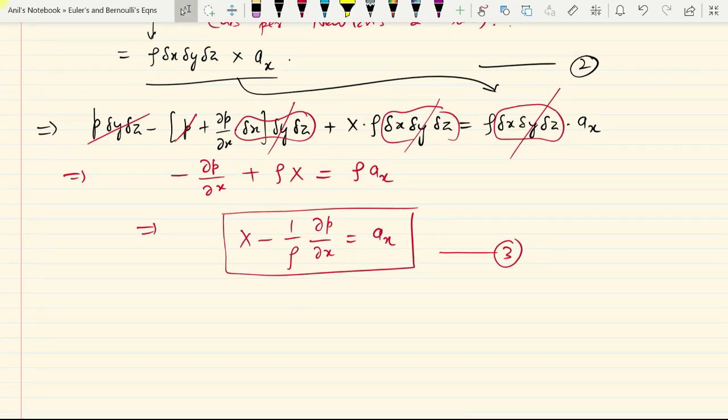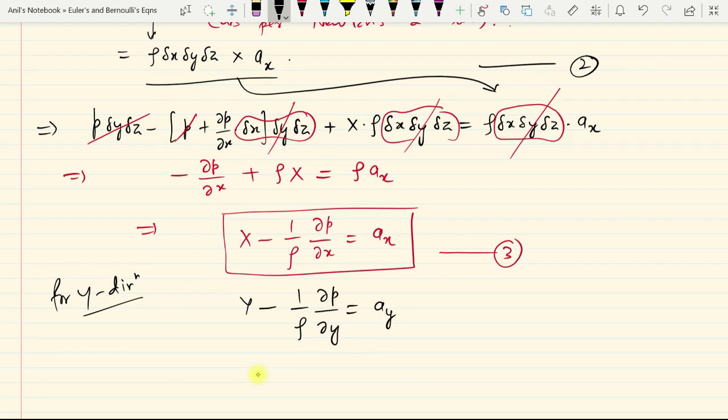And similarly for y direction and z direction we can write the equations like this: Y minus 1 by rho del p by del y, it will be equal to ay, which is acceleration in y direction.